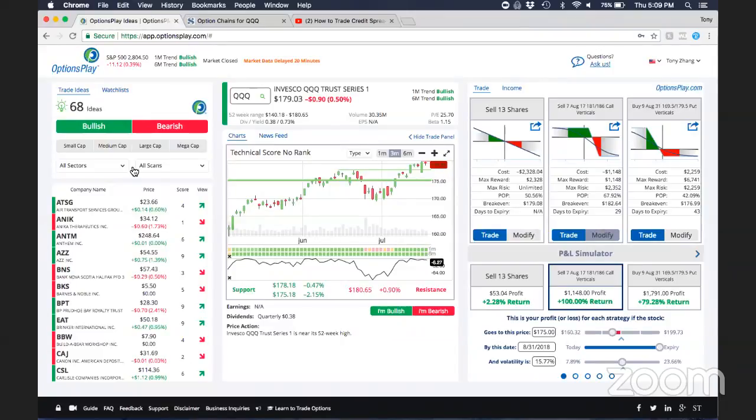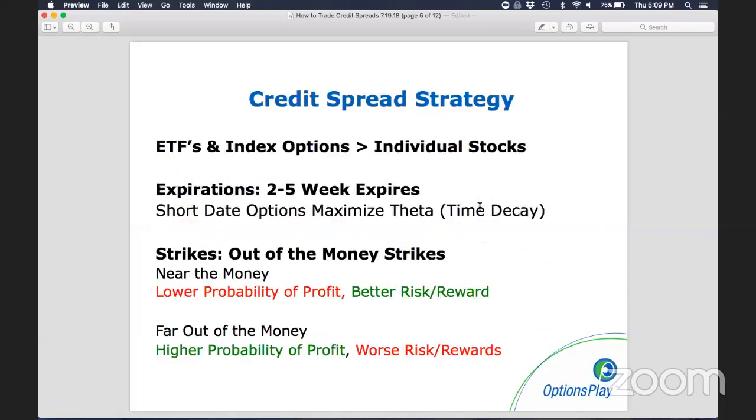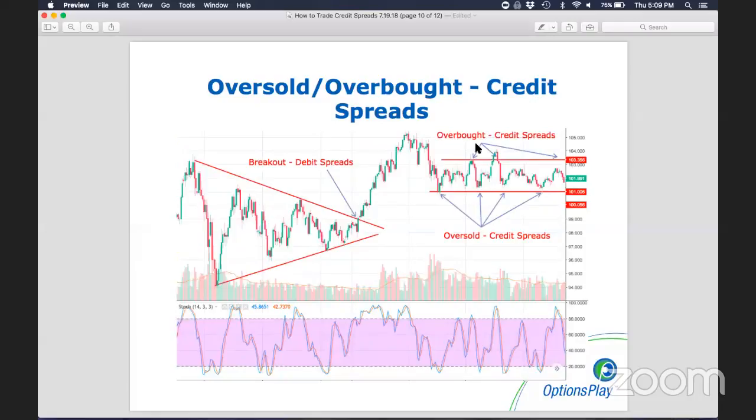What about converting spreads to condors or butterflies if they go against us? Great question. When I talk about stringing calls and puts together, that's really converting these spreads into butterflies and condors. So let's say I sold a call credit spread when it was trading at 103, and a few days later it went back to 101, and I sold the put credit spread.